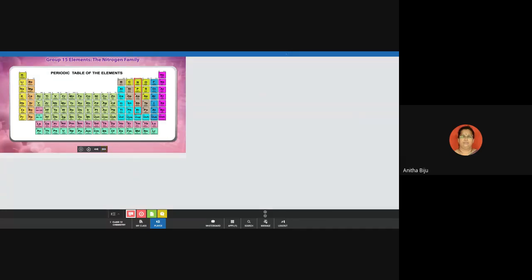The d subshell is capable of accommodating 10 electrons. Similarly, from this particular period onwards, locate antimony.